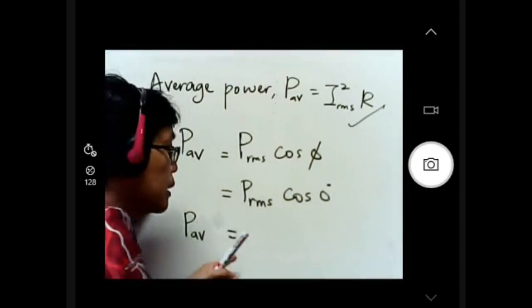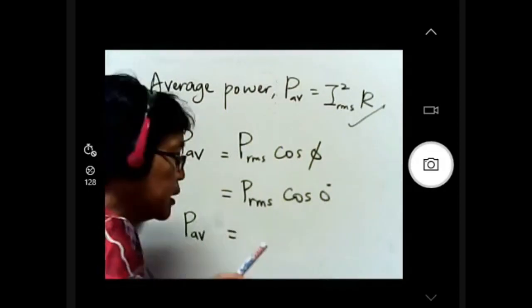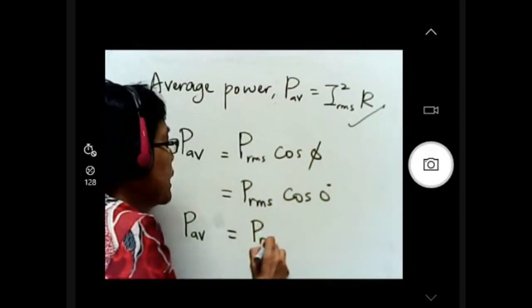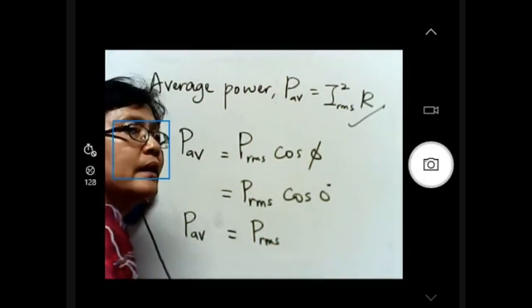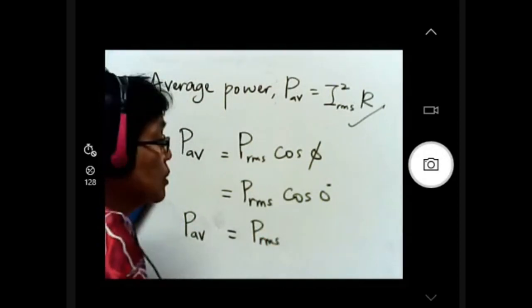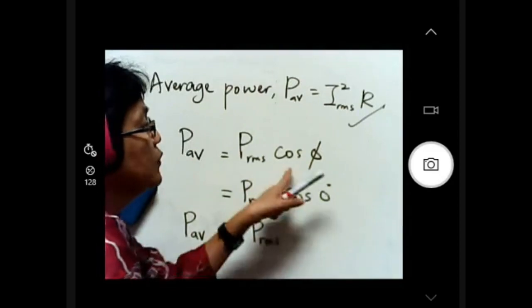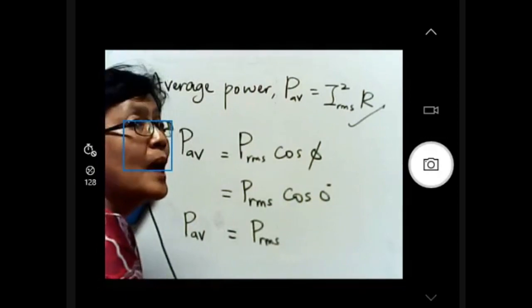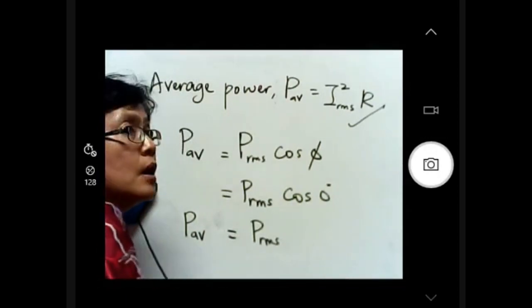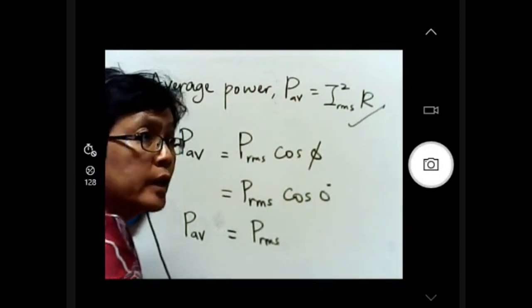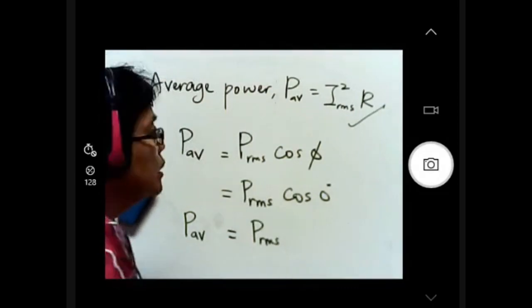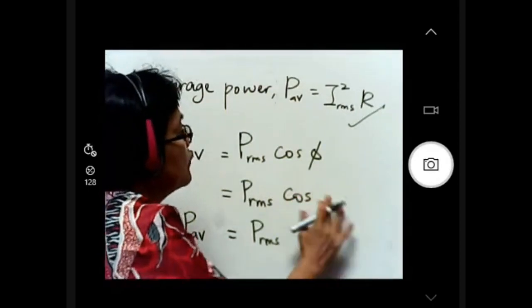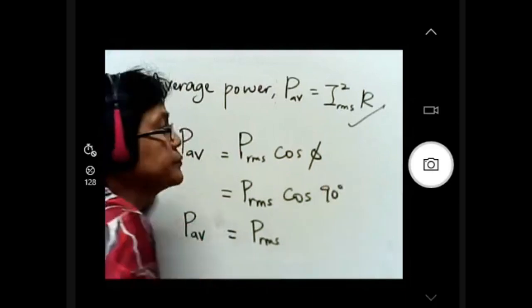That means for a pure resistor, the dissipated power is actually the power supplied to the circuit. It's not reduced by a factor of cos, because cos 0 is 1. But for a pure capacitor and pure inductor, the phase angle is 90 degrees.